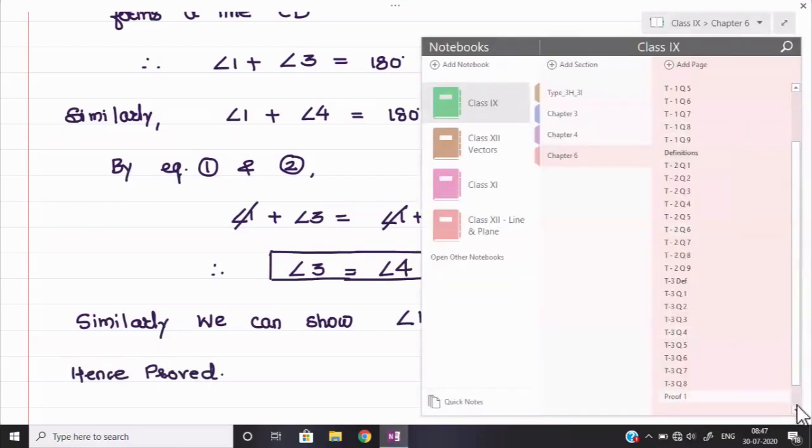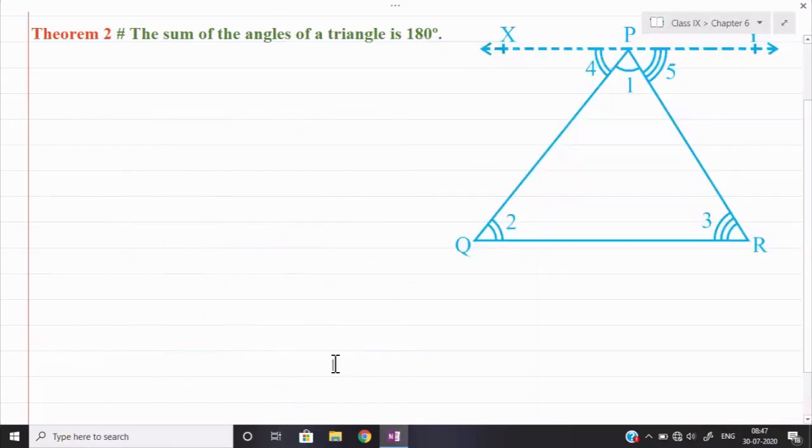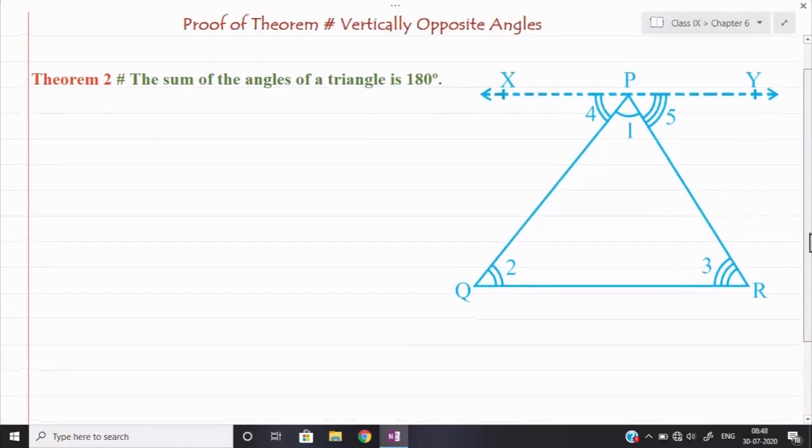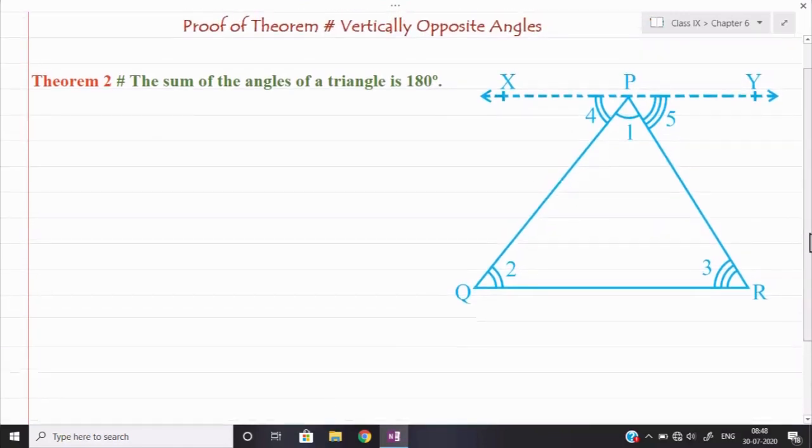Now let us see the second proof. The second proof is given over here as angle sum property. We have used the angle sum property of a triangle in many questions, right? So here we shall see the angle sum property.